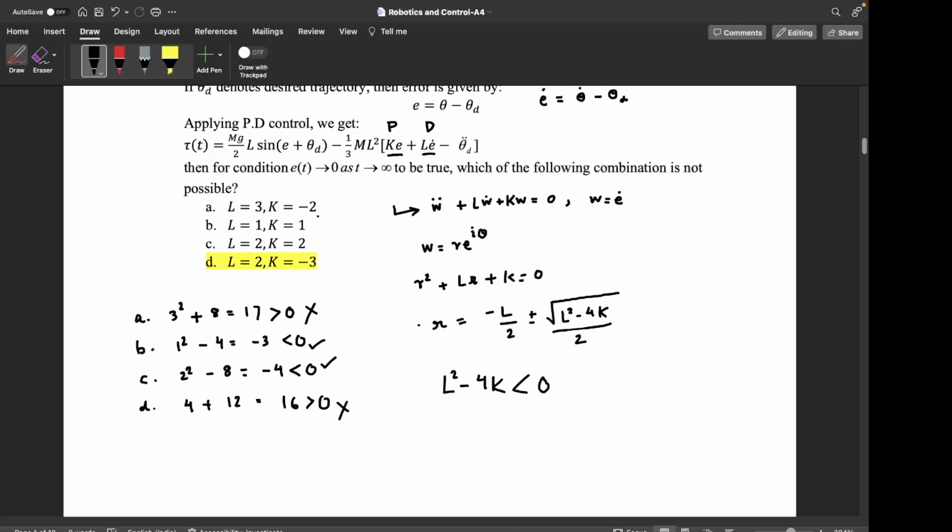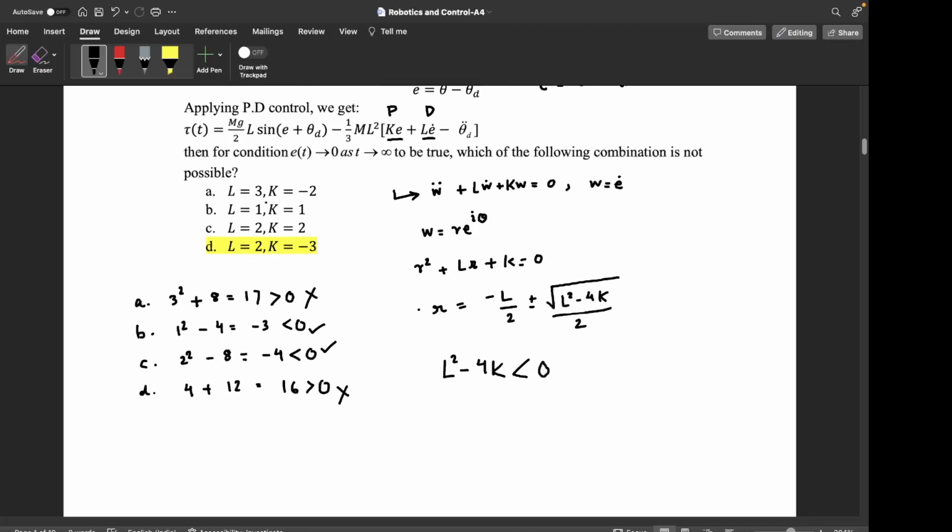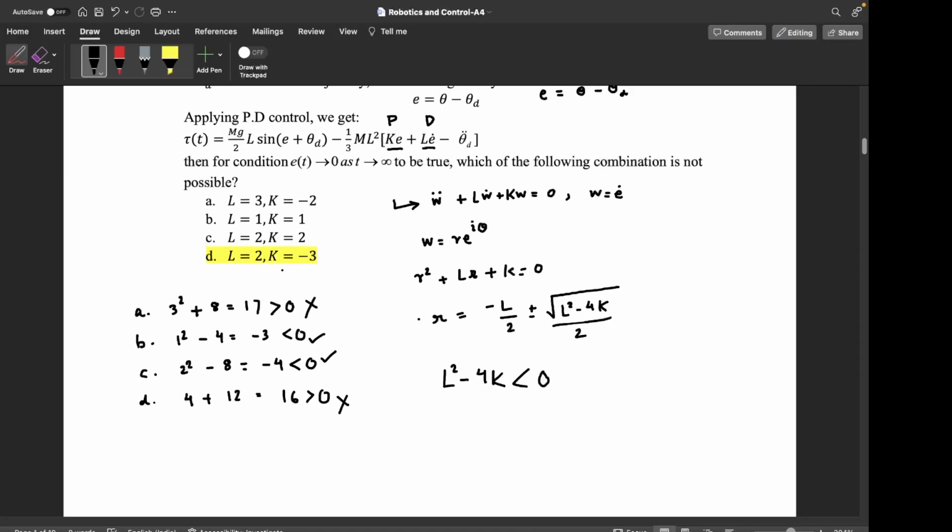I could not find a proper reason. If anyone has something to comment on this, then please do. In my opinion, I think both A and D are not possible, but it could be that I might be overlooking some other condition.